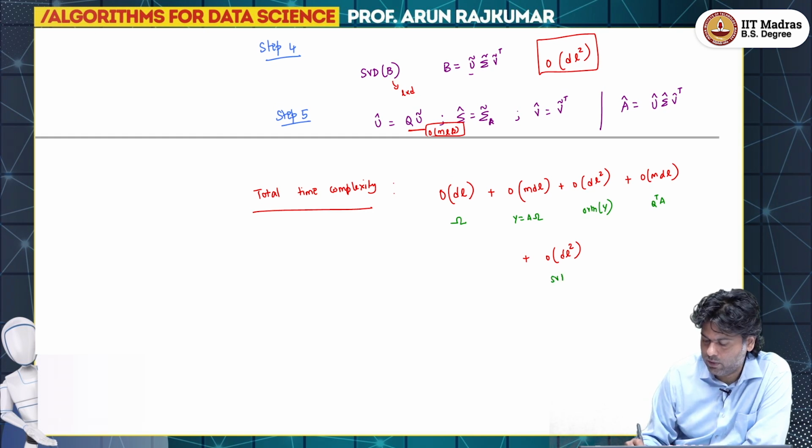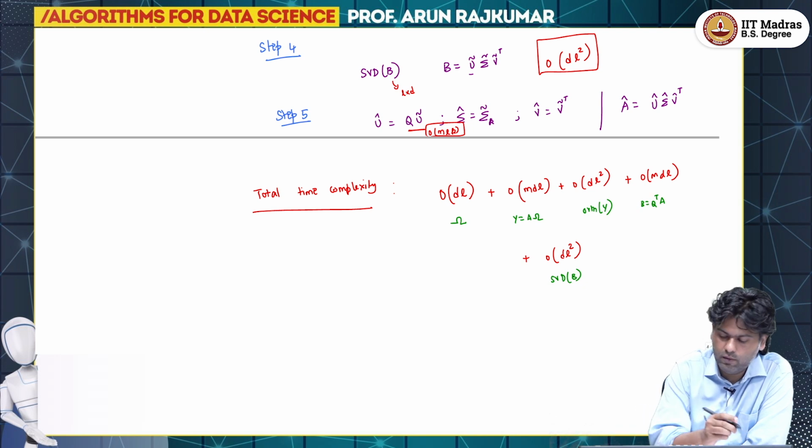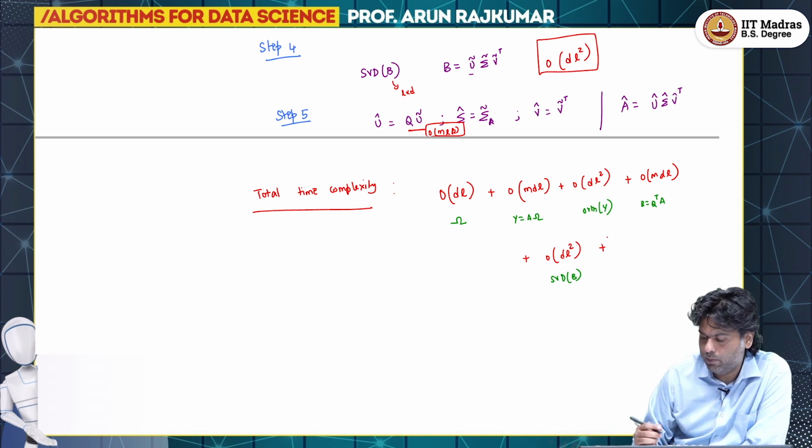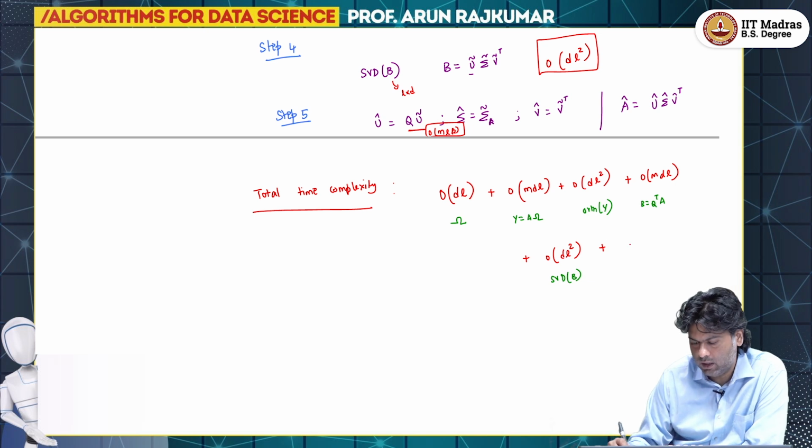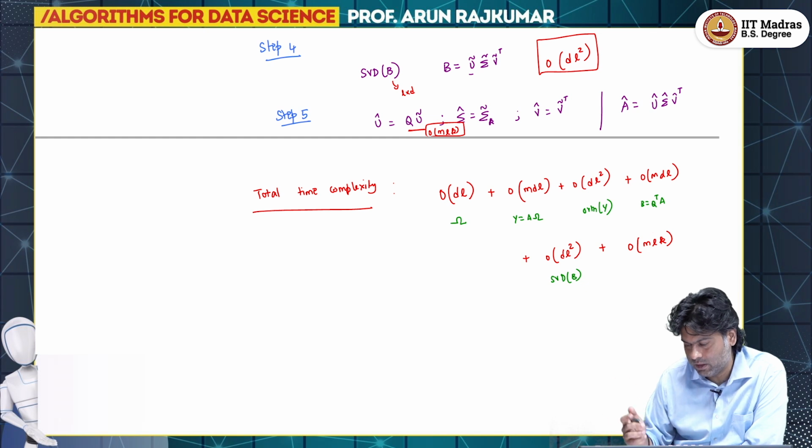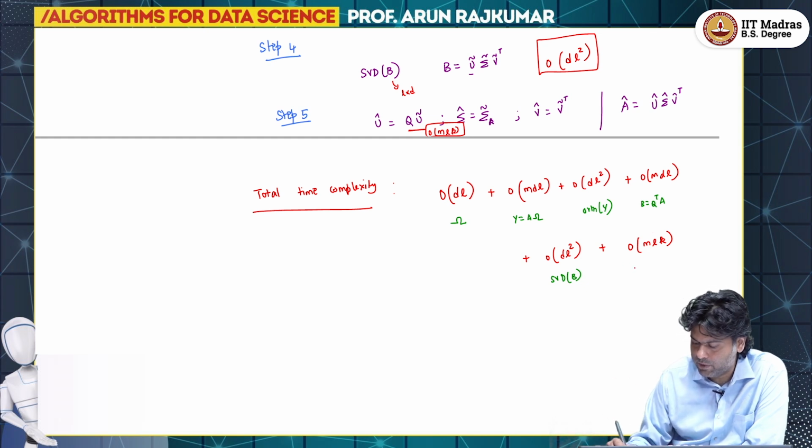So this was the SVD of B, where B equals Q transpose A, and finally to do this pullback, we need something like order of mLk. Remember, k and L are similar, so you can think of this as order of mL squared also. So this is the pullback of U.